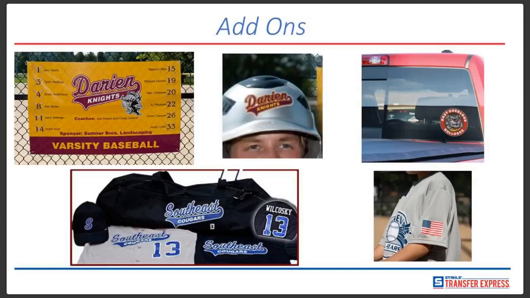So here, in the lower left corner, we did a little mock-up with some different options you can add for the add-ons. We were able to do their jersey. We did a t-shirt for them, a pair of shorts, could do a duffel bag, a cap if you have a cap press. There's other things you could do as well.